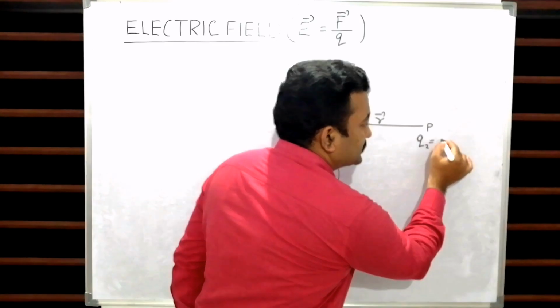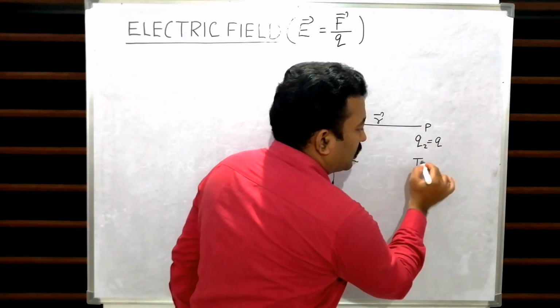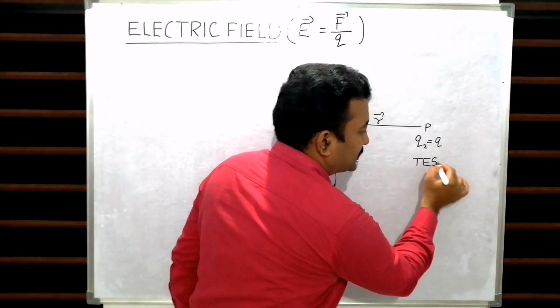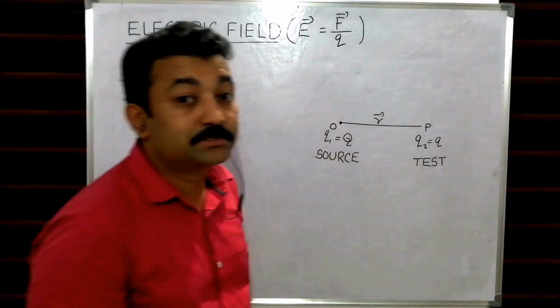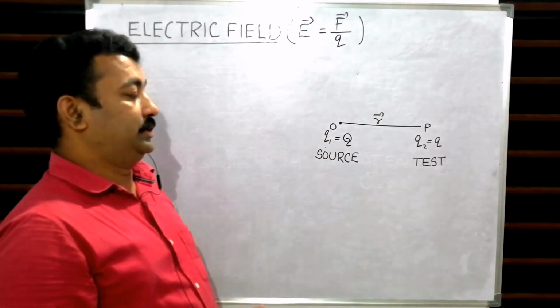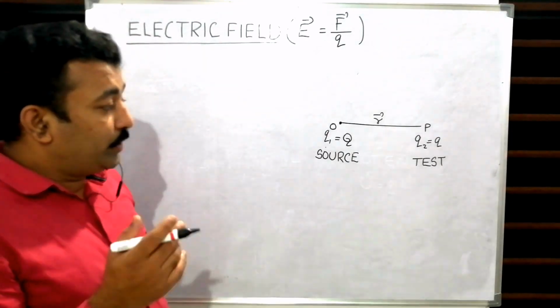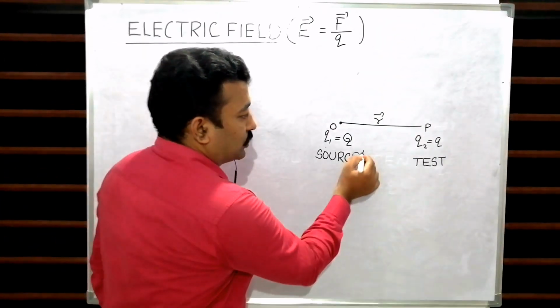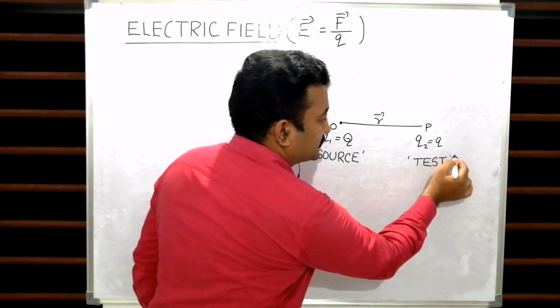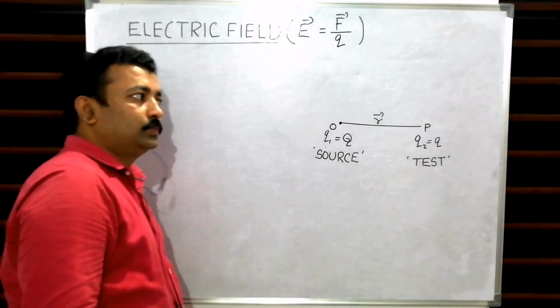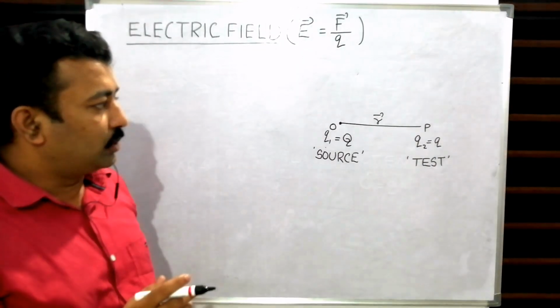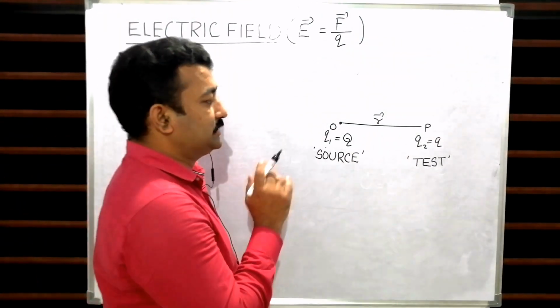And Q2, I'm treating as small q, or in a physical experiment, I'm calling this a test charge or the testing unit. So what is the aim of this experiment or study? We are going to test the source with the help of a test charge. What is the effect of capital Q at the point P?